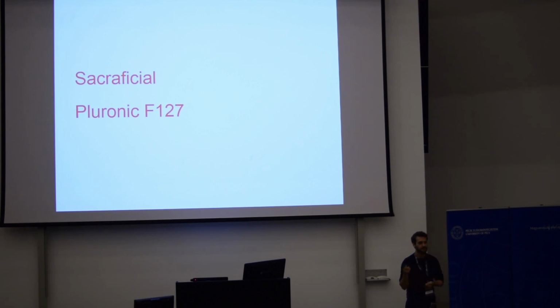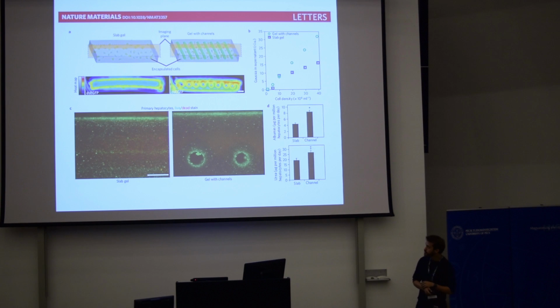Every cell in your body has a blood vessel at least 3 microns away to be able to give that cell nutrients as well as remove waste. And so we can only really make small structures today in tissue engineering because we don't know how to integrate blood vessels. So one of the techniques that people have been using, though, is to add in these sacrificial lattices.